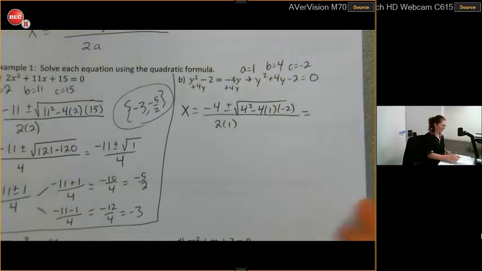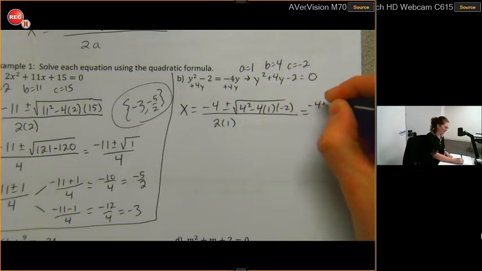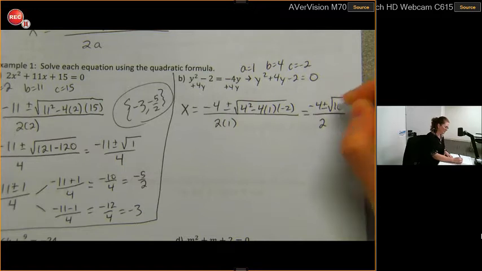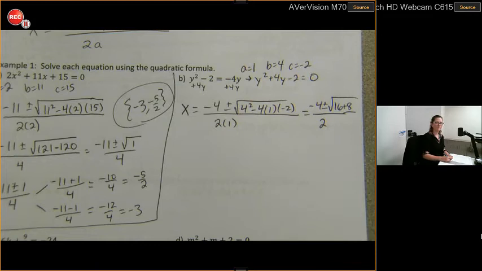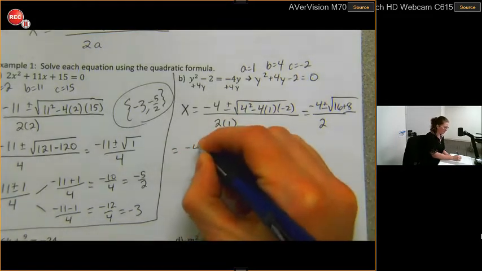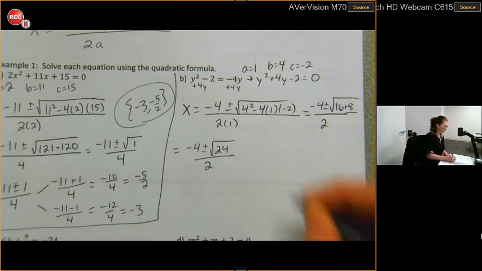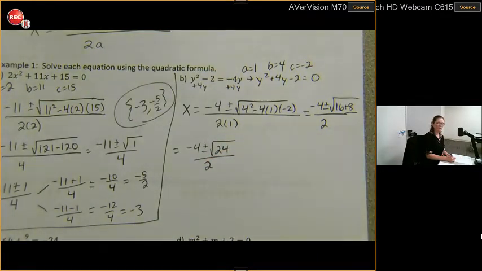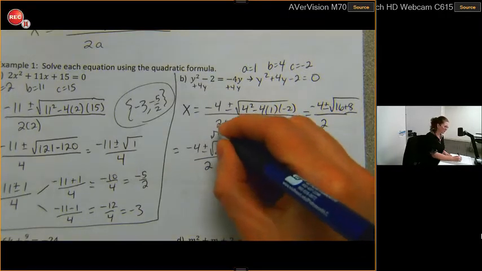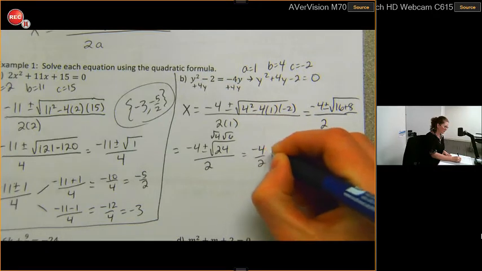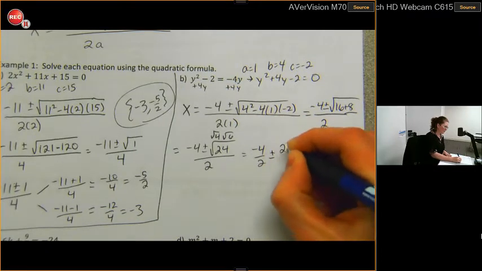So we get 16, and then multiplying these together, we get plus 8. 16 plus 8 is 24. And then I'm going to simplify the 24. 24 is 4 and 6, so it's going to be 2 square root of 6.